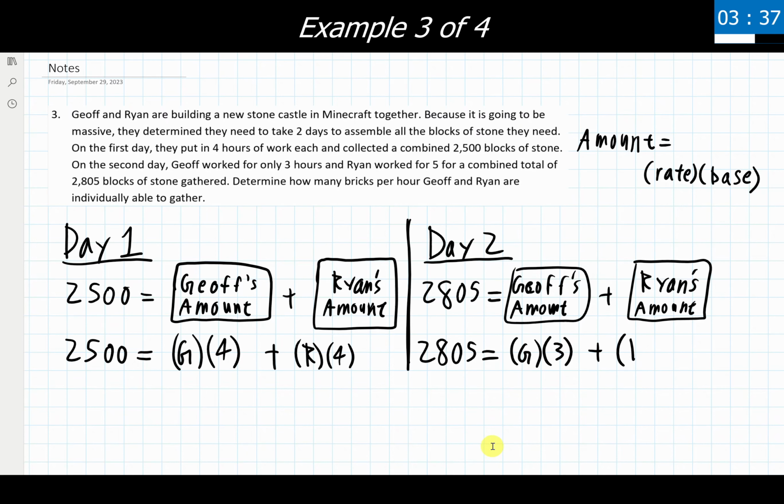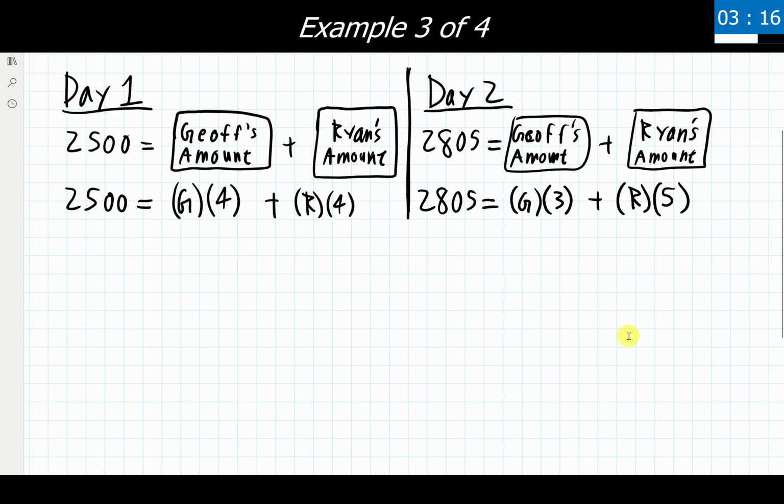We can look at Ryan's amount, and again, we are going to reasonably assume with this problem that he's working at the same rate, but he worked for 5 hours instead. So the amount that Ryan got plus the amount that Jeff got in the second day yielded this brand new total of 2,805. Let's go ahead and bring these together as a system of equations now. Which one's on top, which one's on bottom doesn't matter. We see that we have a new system of equations emerging.